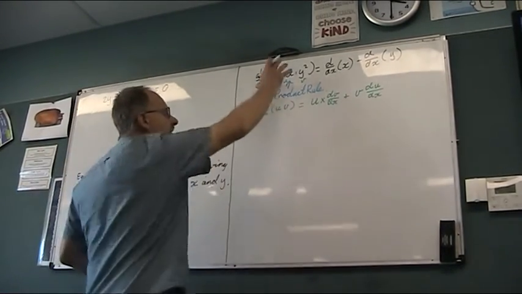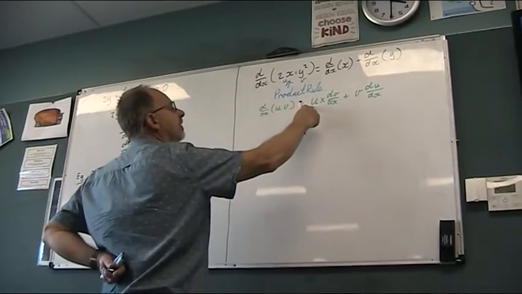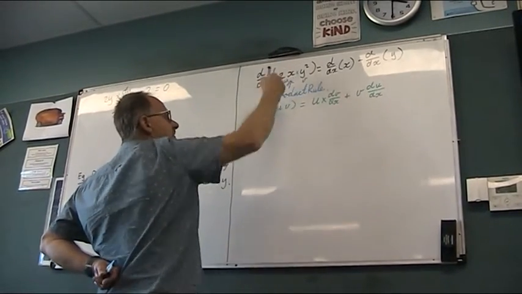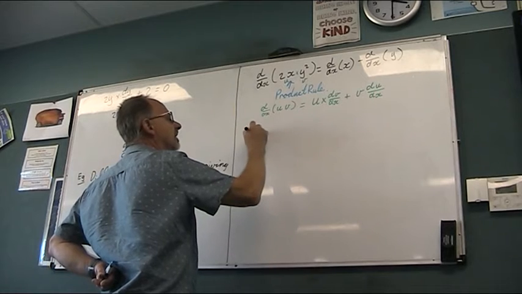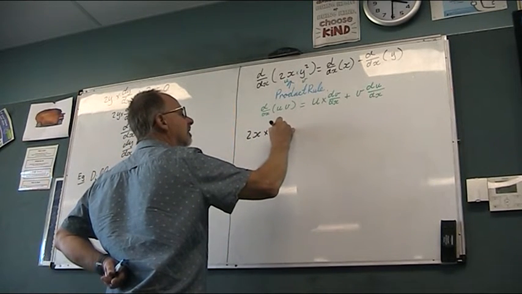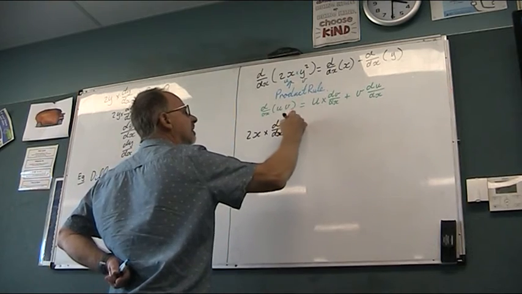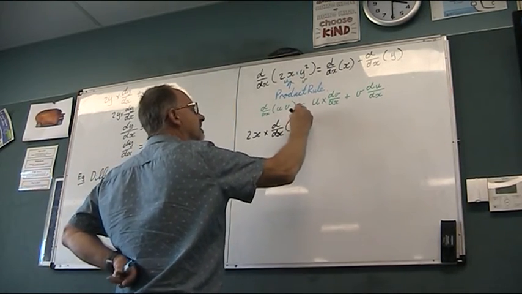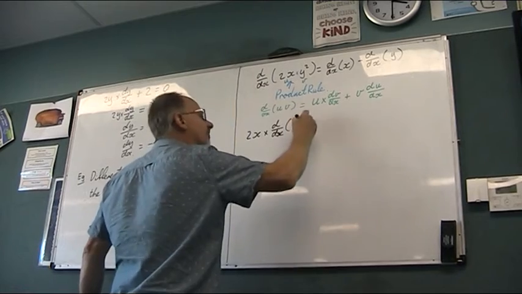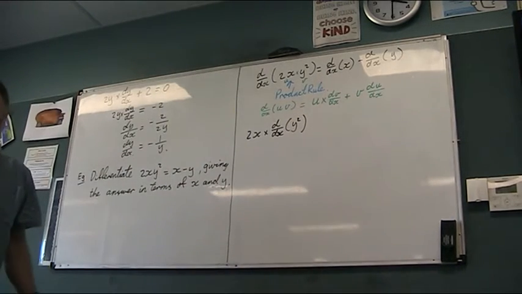So if we do that, I've got u times the derivative of v, and I've said u is 2x, so I've got 2x times the derivative of v, and v is y squared.